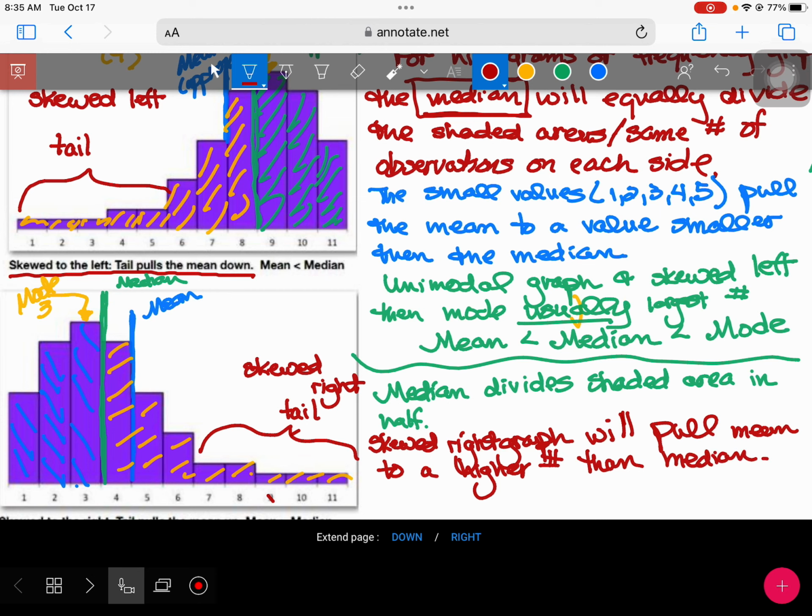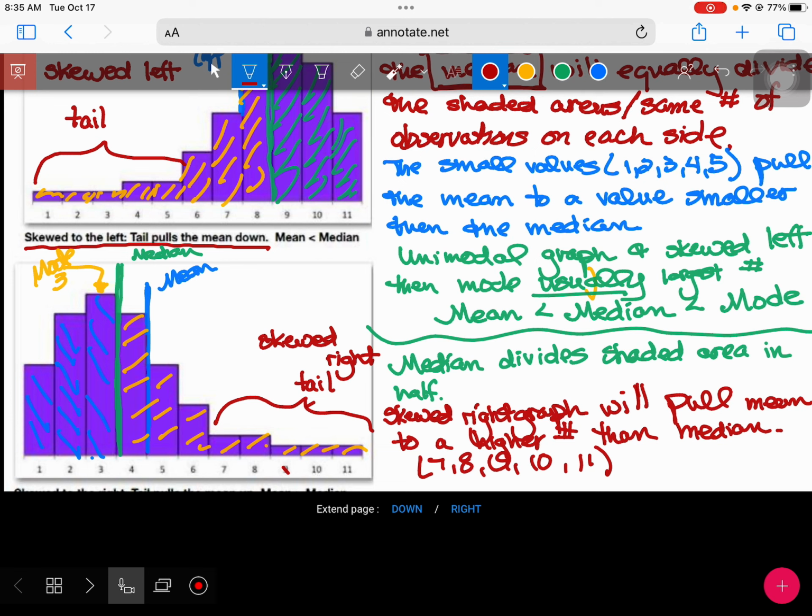So in this case, your numbers of 7, 8, 9, 10, and 11, there's not a lot of each of those. That's why it's skewed to the right. They are pulling the mean to be higher.